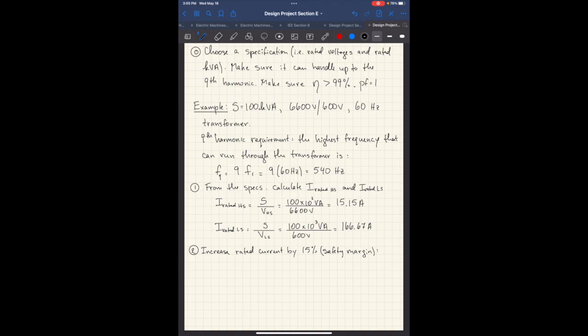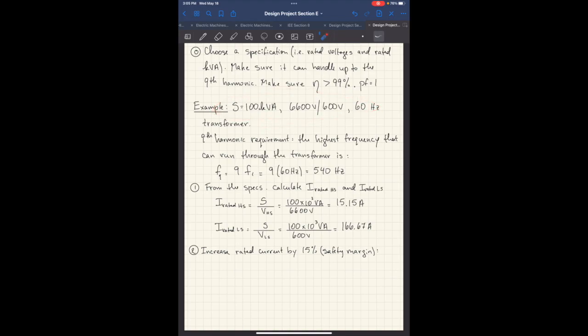So basically, say it again. And this would be to prevent overcurrent or just counteract it? It's basically, we're designing the transformer to handle 15% over what we say it can handle. Let me explain. On the nameplate, you're going to see this. Whoever buys our transformer is going to hook it up and say, okay, this is the nameplate data.